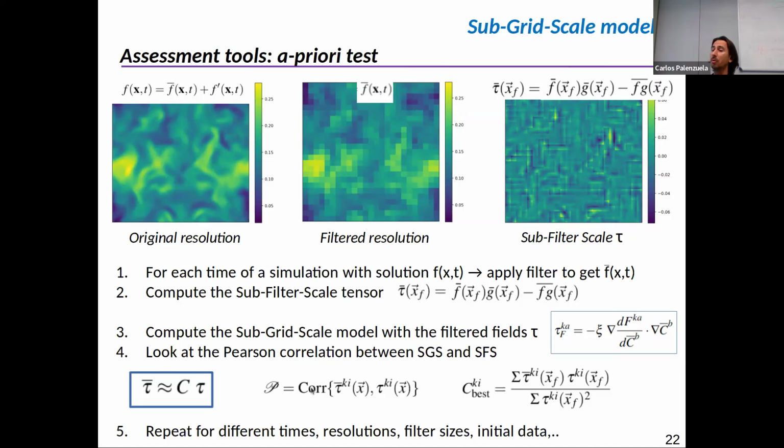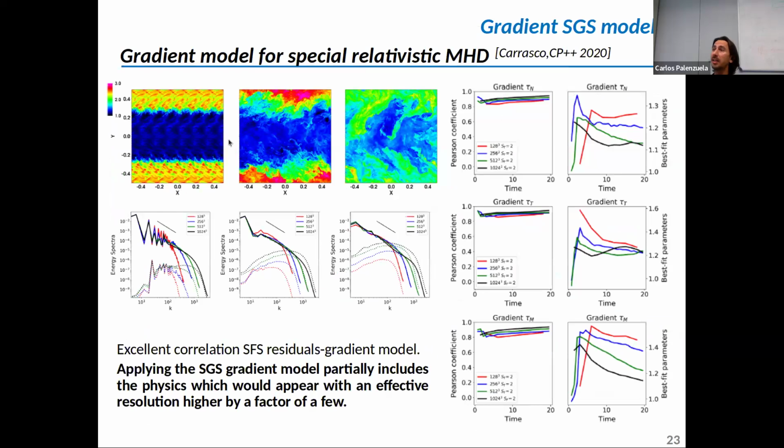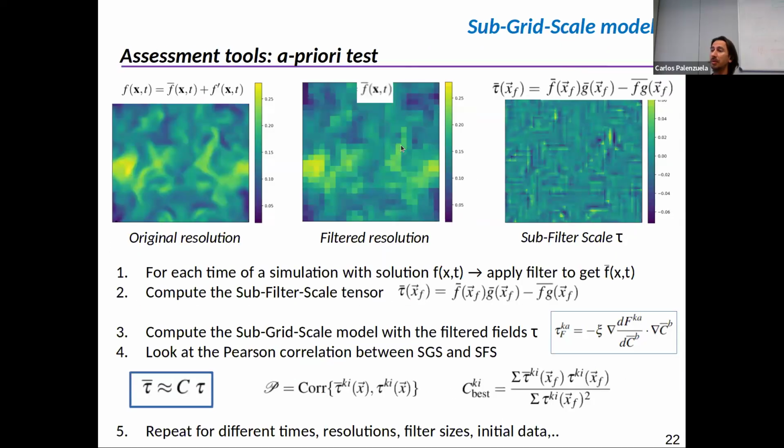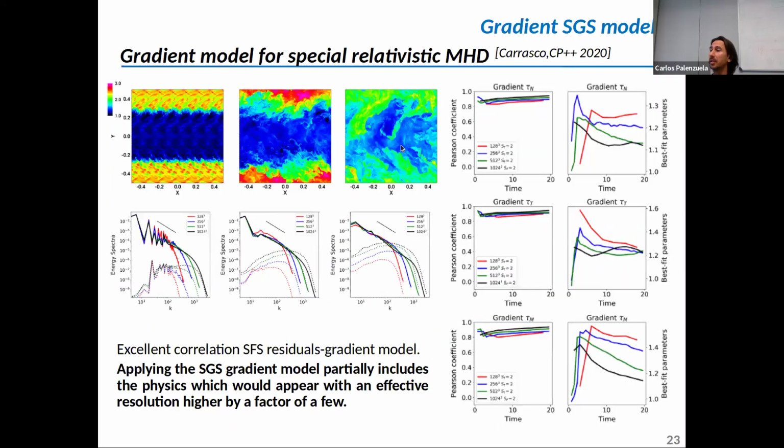How good the correlation is is given by the Pearson correlation coefficient, and the proportionality factor should be close to 1. So we did some simulations with the Kelvin-Helmholtz instability, at different times, with different initial data and different filter sizes, and basically we obtained that the Pearson correlation with the subgrid scale model is actually very good.